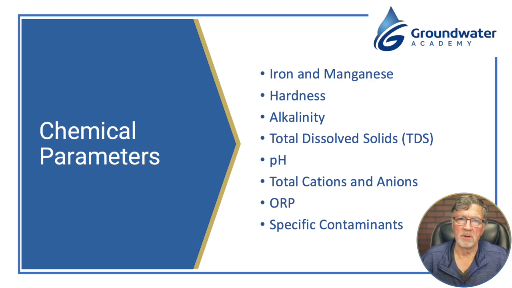Chemical parameters are something that we look at, and some examples of this are iron and manganese, hardness, alkalinity, total dissolved solids, pH, total cations, ions, and anions, oxidation reduction potential, and even specific contaminants that we might have in the well. A lot of these are going to relate to the chemistry of the well that's going to affect the well rehabilitation chemicals you use in the well.